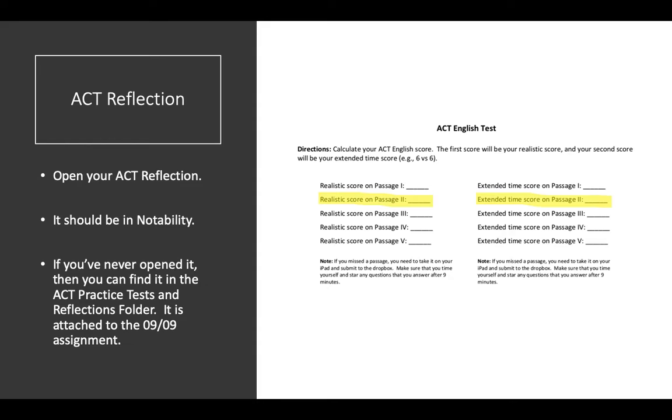So these would be ones that you starred to indicate that you finished after time ran out, but for some people they start them but they didn't answer them, and you need to make sure that you answered them so I can give you the score that you're capable of getting with all the time you needed over here. So you should see something that says like 6 versus 6 or 11 versus 11 or whatever that tells you how many you got right in time limit versus how many you got right with all the time you needed. So fill that page out first for passage 2.